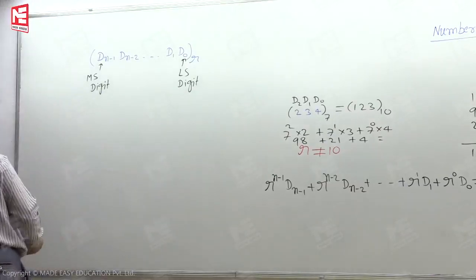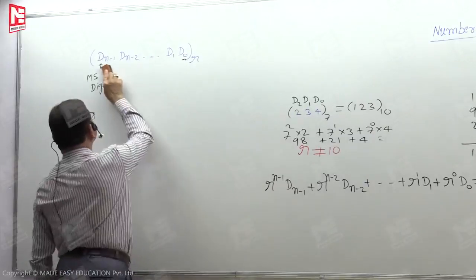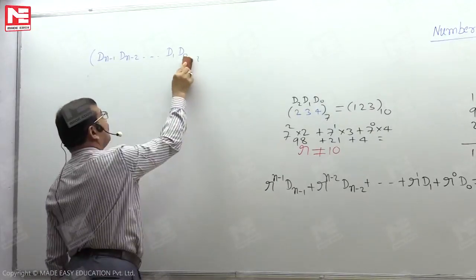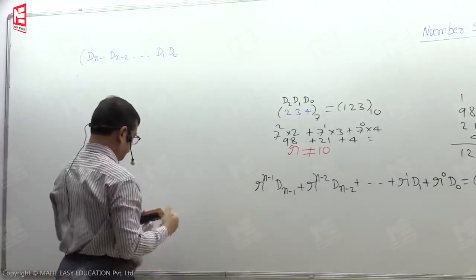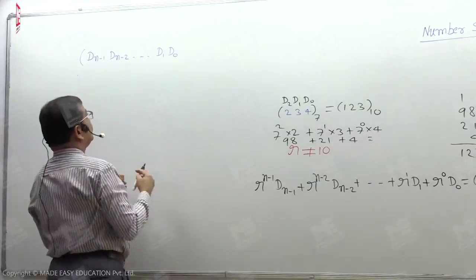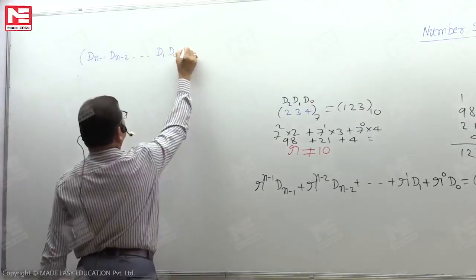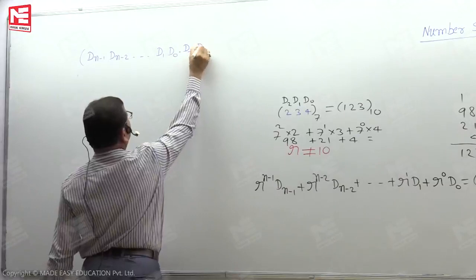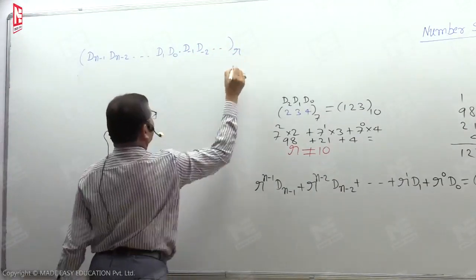If that is the situation, the number we must write as radix point d minus 1, d minus 2, and so on, in radix r.